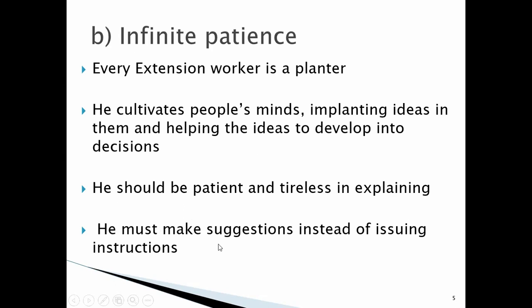He must make suggestions instead of issuing instructions. This is another thing. You can't give instructions; you should make suggestions, because you know the difference between instruction and suggestion. An instruction is something you should follow. A suggestion is an idea; they can decide whether to do it or not.